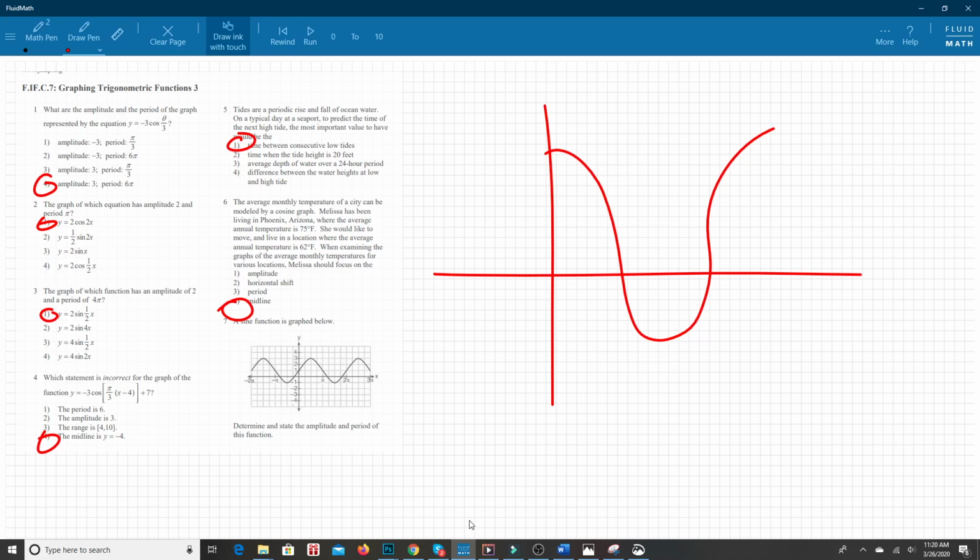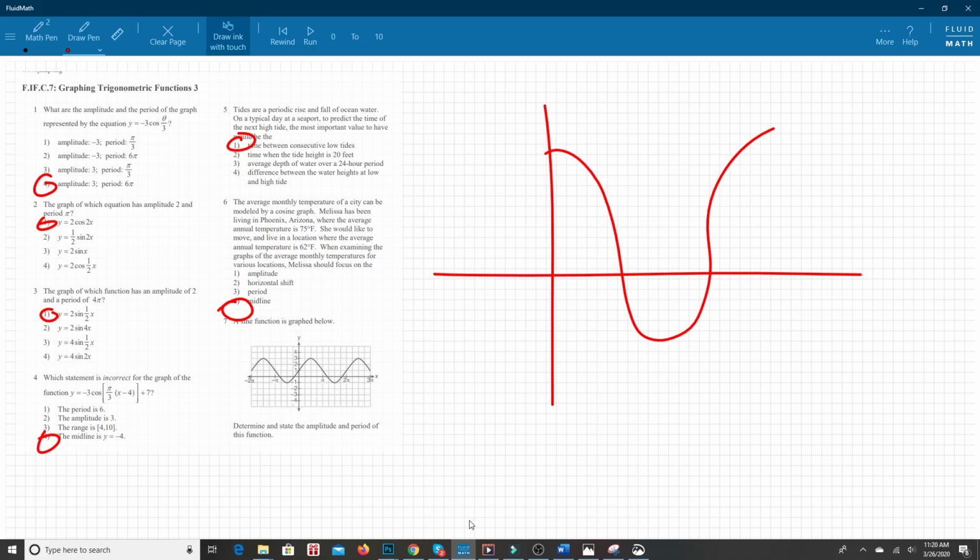And finally, question 7. A sine function is graphed below. Determine and state the amplitude and period of this function. These are pretty much the entire sheet done for you. What is the amplitude?